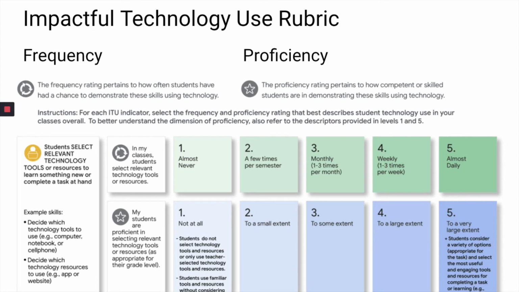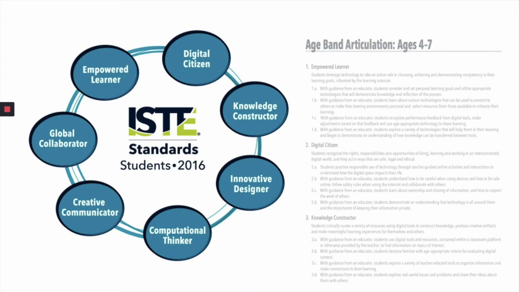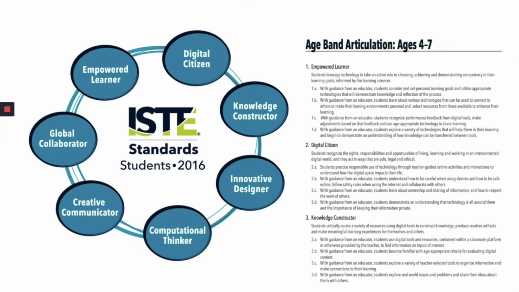Well, when we looked at this, one of the things that we found was that this impactful tech use rubric was very similar to the ISTE standards for students, which as a school we've already adopted, like many other schools out there. And so we asked the question, could we reframe these in terms of the ISTE standards? We took a look at a publication from 2016, the ISTE Standards for Students ebook.